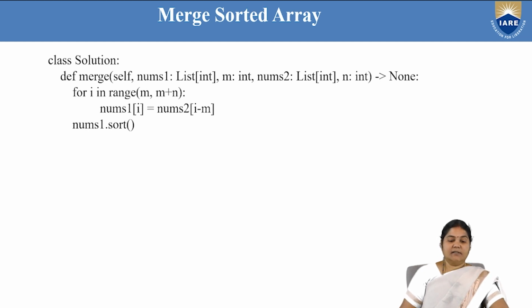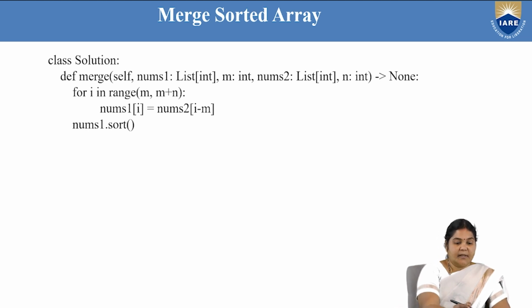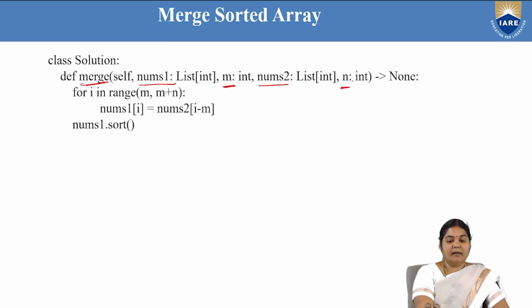This is a very simple logic. In the merge function, what is given? The arguments are nums1 and nums2 and their sizes are also given, m and n. You have to return nothing because finally the output will be placed in nums1 only. In-place sorting should take place.